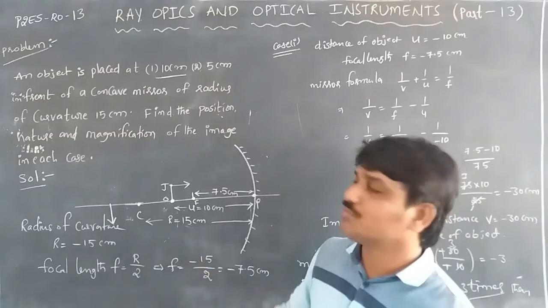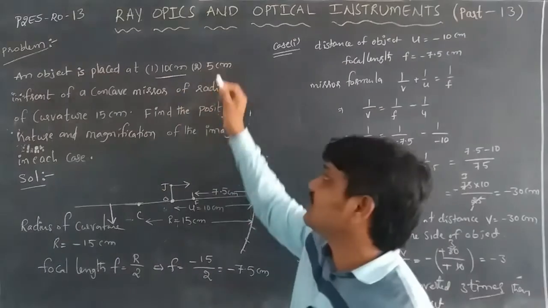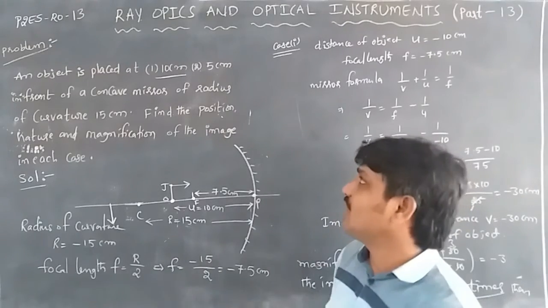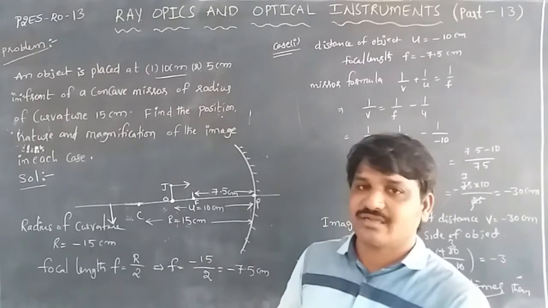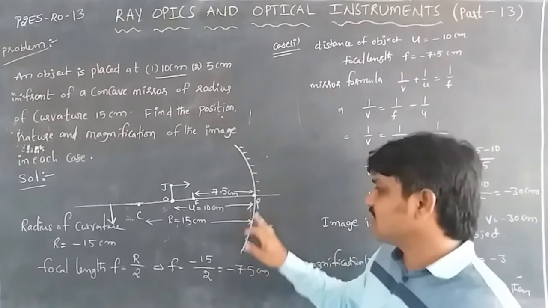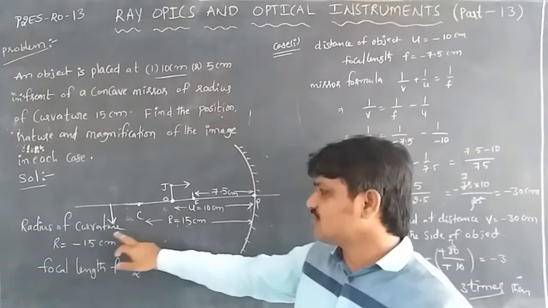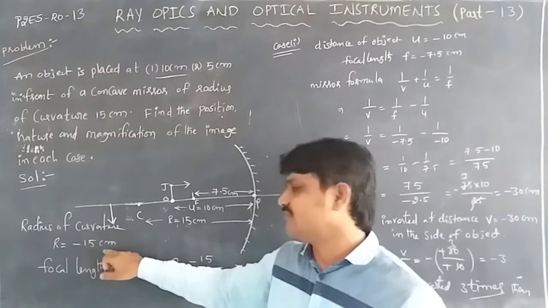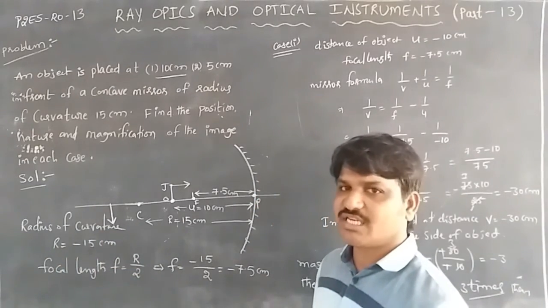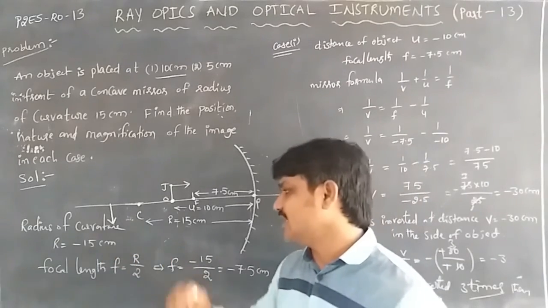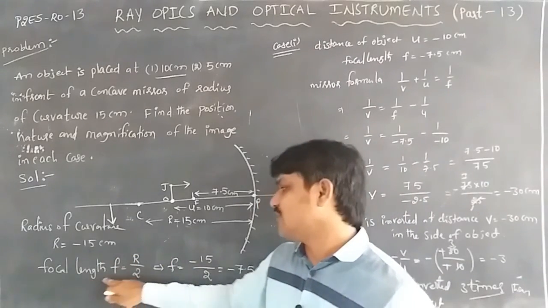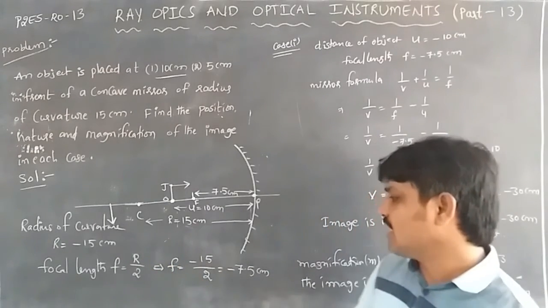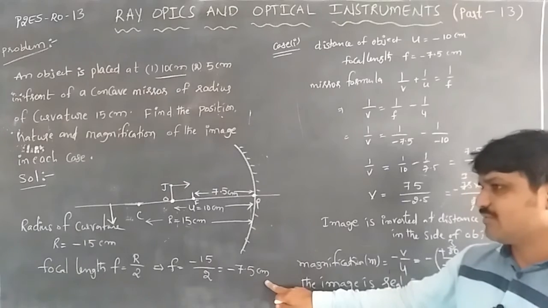In each case, that is, in the 2 cases given, 10 centimeters and 5 centimeters, the object is placed at a distance of 10 centimeters. According to the problem, the radius of curvature is r equal to minus 15 centimeters. So the focal length is f equal to r by 2, which gives minus 7.5 centimeters.